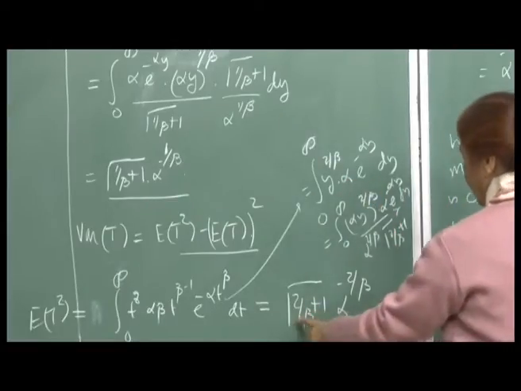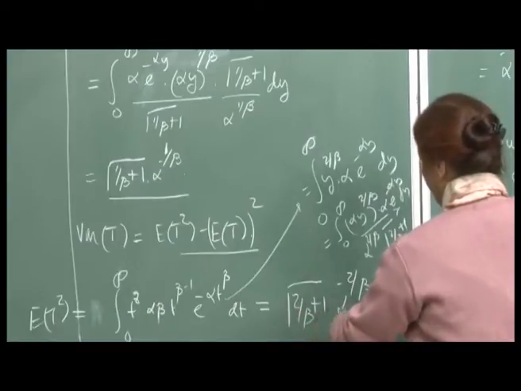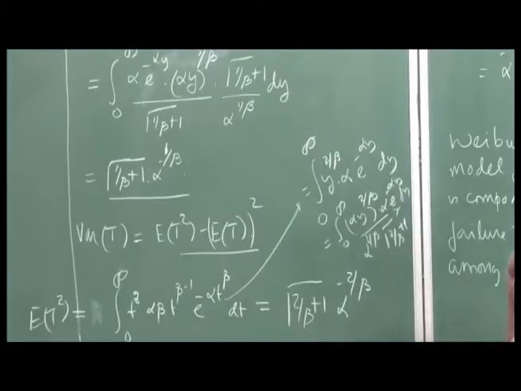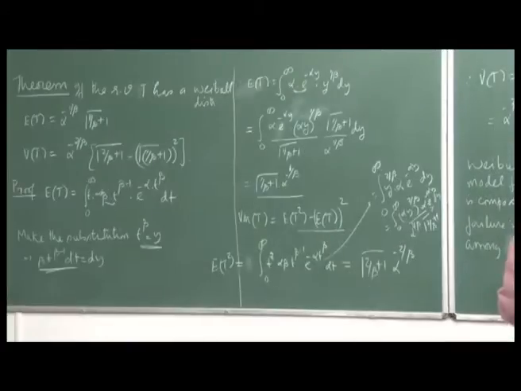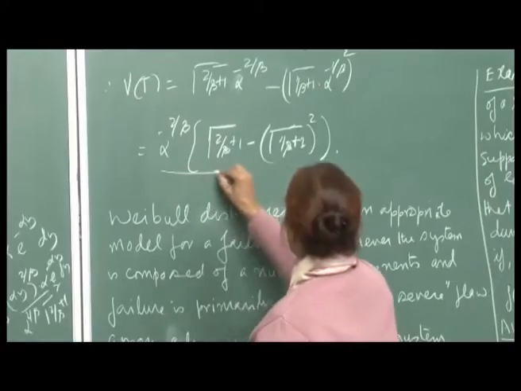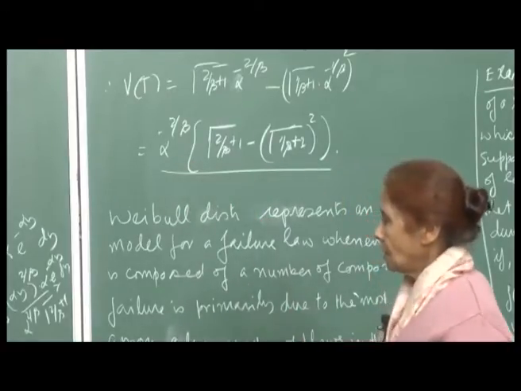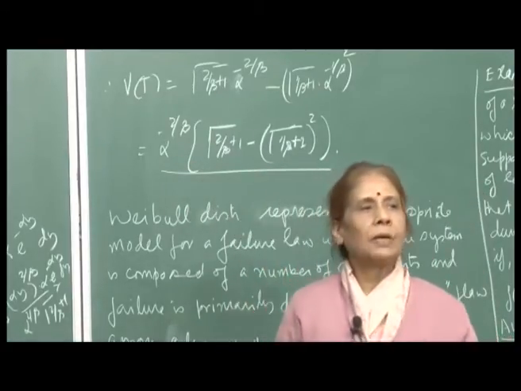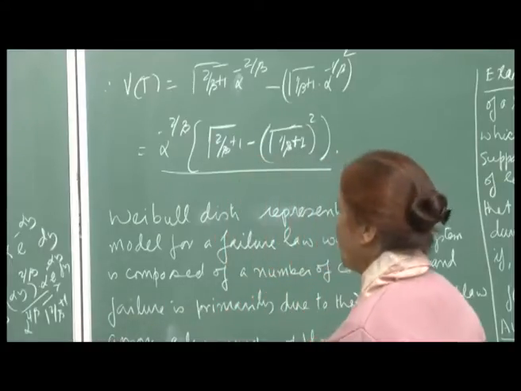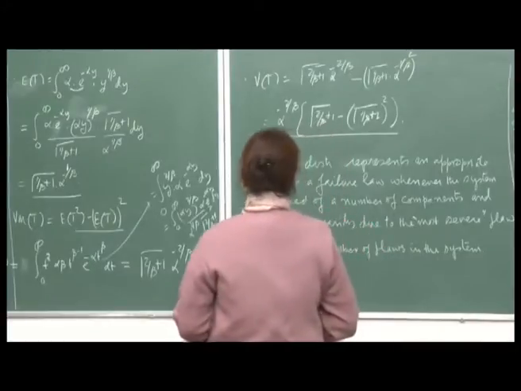Then you will be left with gamma of 2 by beta plus 1 into alpha raised to minus 2 by beta. This is the expected value of t square, and therefore the variance will be this minus the expected value of t, whole square. So, you take out alpha raised to minus 2 by beta common, and then you are left with this. Here again we could make use of the gamma distribution computations to compute the expected value and the variance.